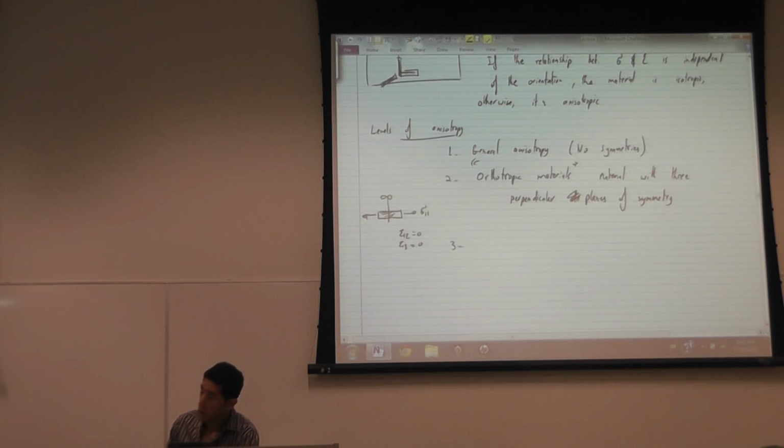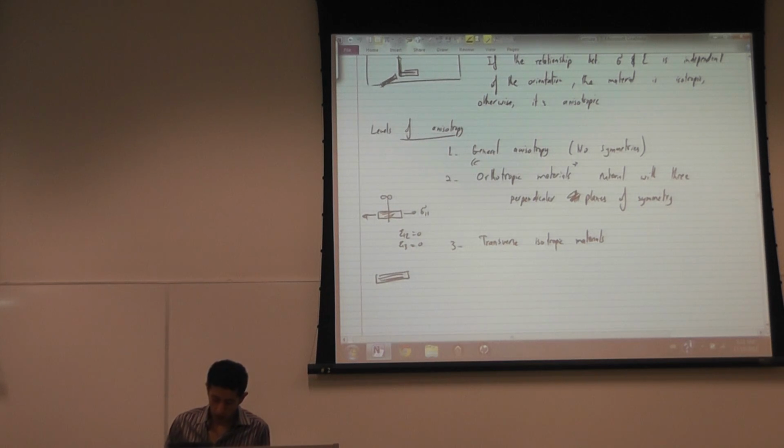The third level of anisotropy is transverse isotropic materials. Transverse isotropic materials are materials that have one preferred direction of symmetry.